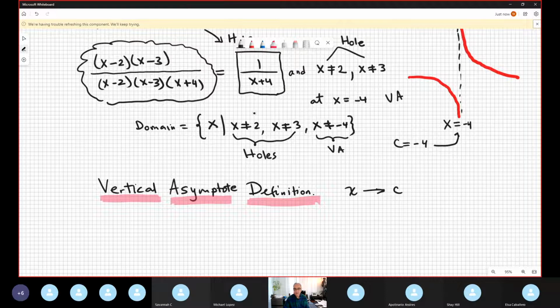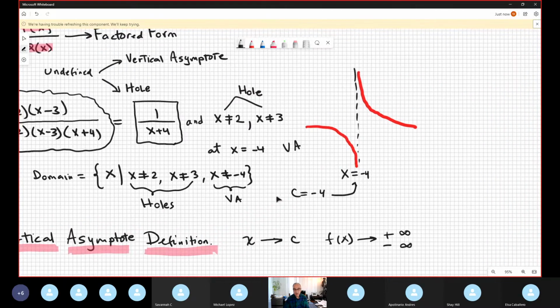Look at that. The y value or f of x, either way you can call it, approaches positive infinity or negative infinity. So in that case it's going up, and in this case it's going down.